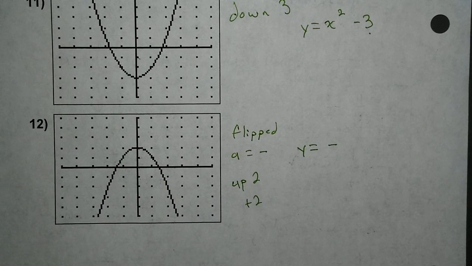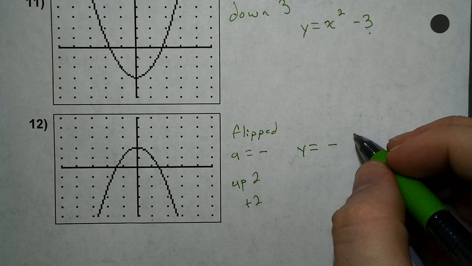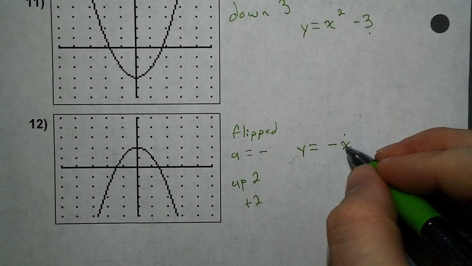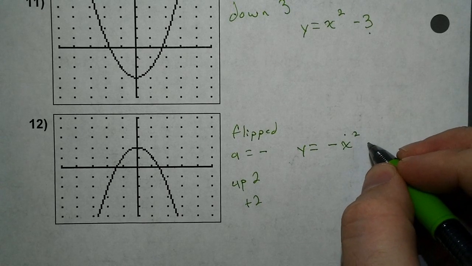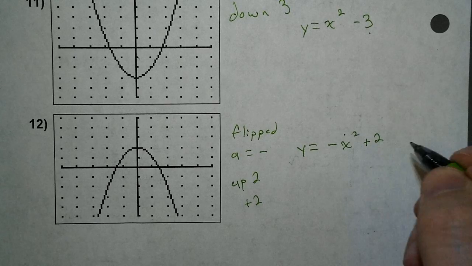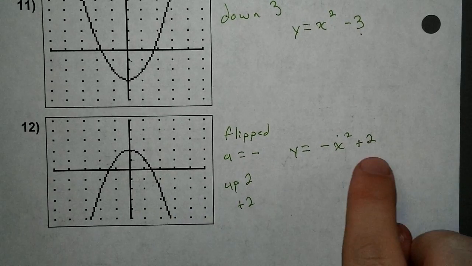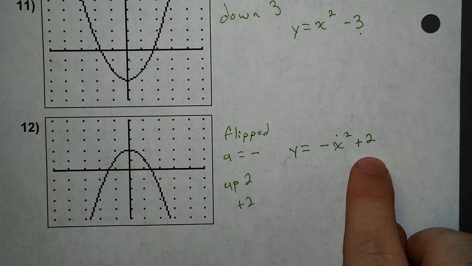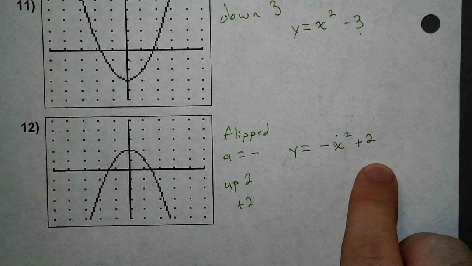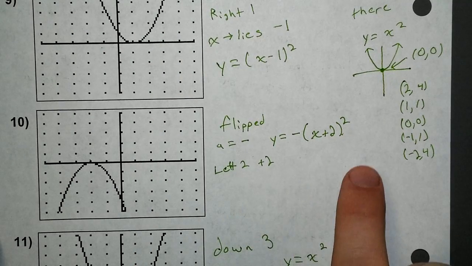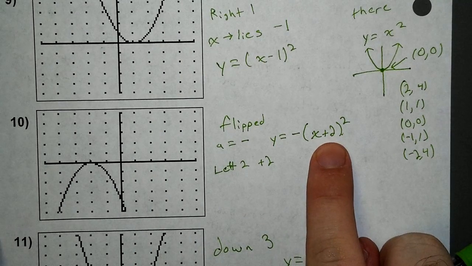It does not look like it changed sizes. So this is going to be negative x squared, and then it went up 2, so plus 2. Just remember that when you move up or down, your number is plus or minus, it's outside parentheses, but when you move left or right on your vertex, it's got to be inside the parentheses.